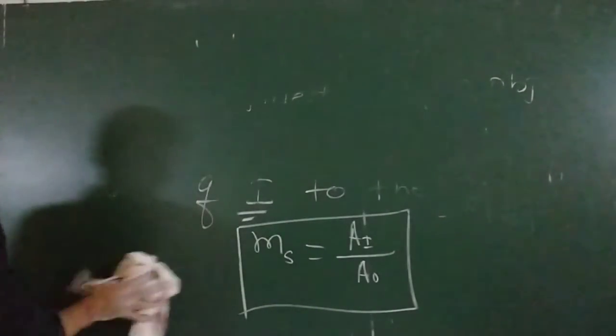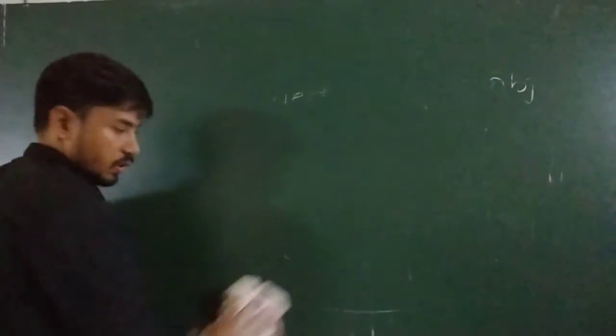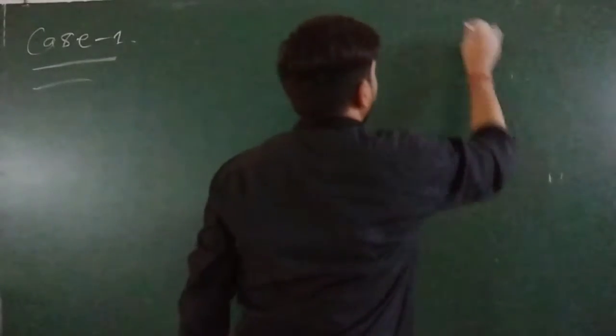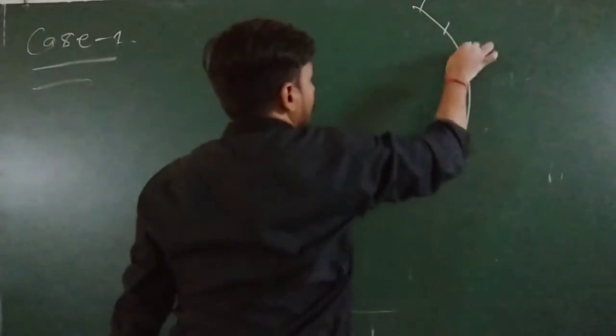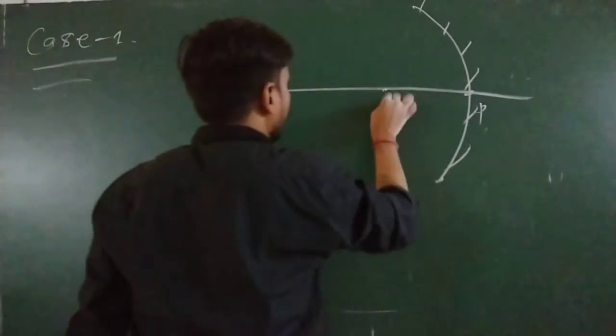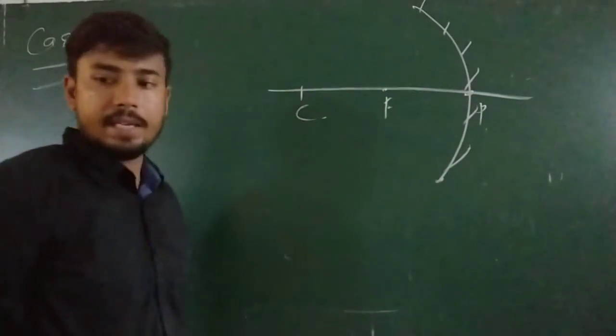So in the case of superficial magnification, we have two sub-cases. Case first. How do we have two sub-cases? I will explain, then I will discuss. This is a concave mirror. This is our object, pole, focus, center of curvature, right?